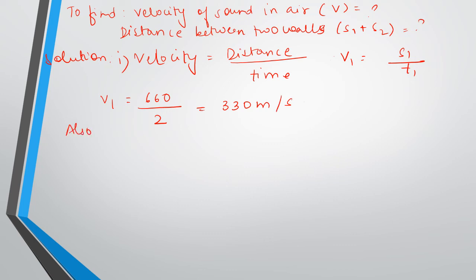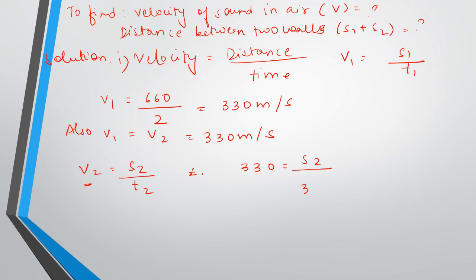But also we know that V1 is equal to V2 because they are in the same air. It's not that once he spoke, one wall is somewhere in the water and the other wall is not. Both are in the same medium. So V1 is equal to V2, which is equal to 330 meter per second. So V2 is equal to S2 upon T2, and S2 we need to find out. So 330 is equal to S2 upon 3.